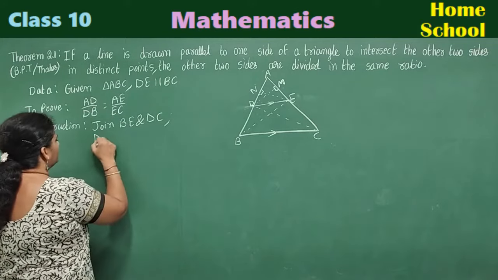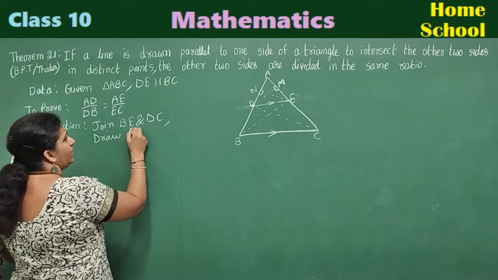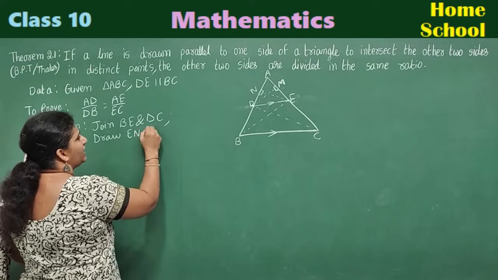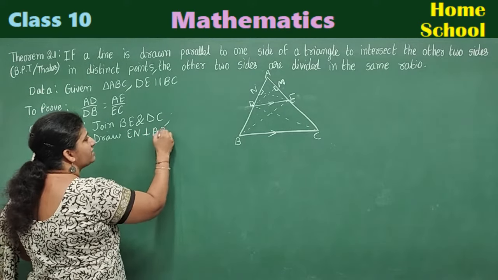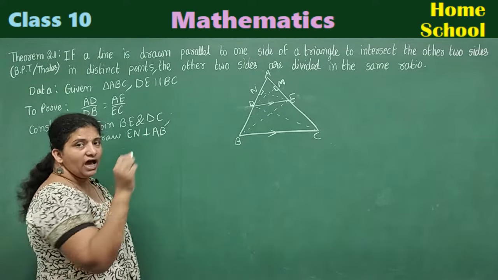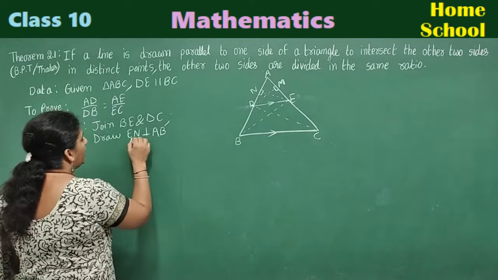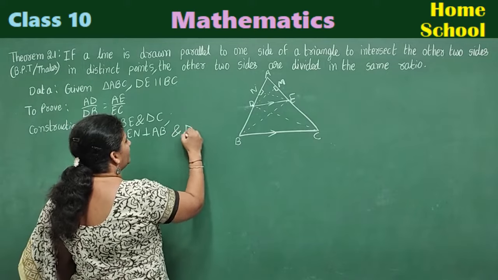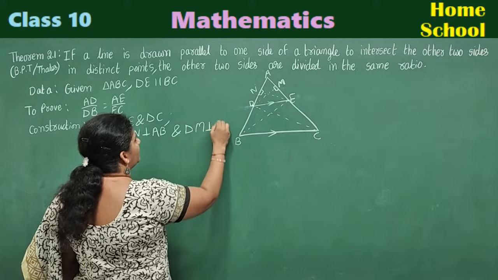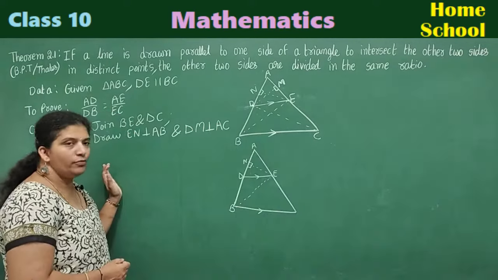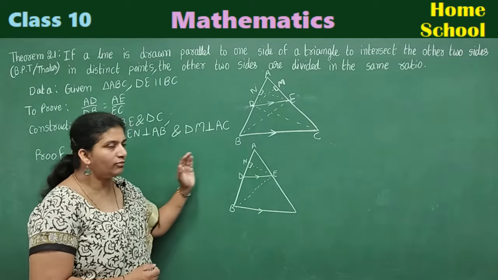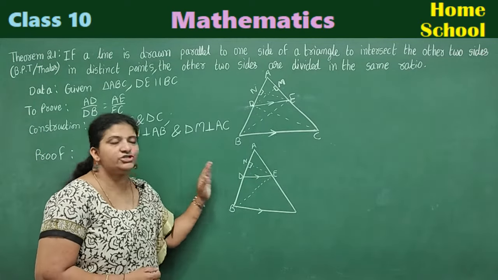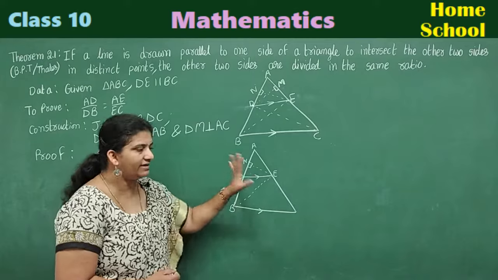Draw EN perpendicular to AB. Observe here, I am not ending with AD, I am ending with AB. EN perpendicular to AB and DM perpendicular to AC. Proof. Before starting proof, I am going to take a rough figure which you need to understand and then erase this figure.